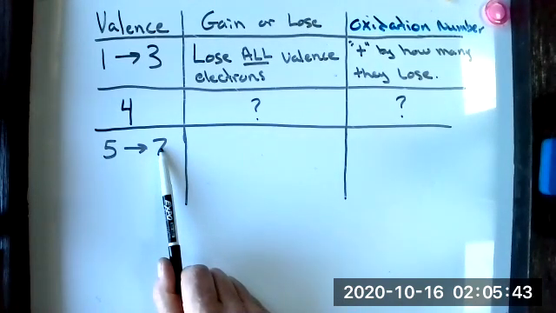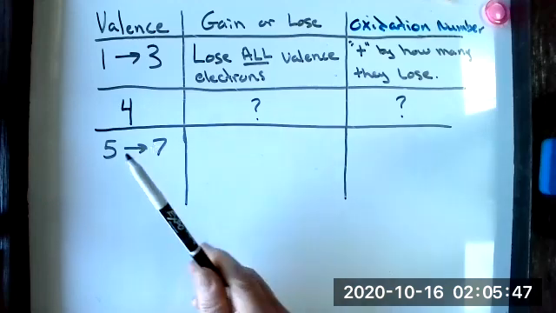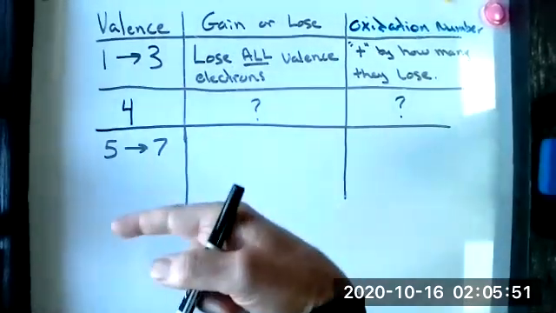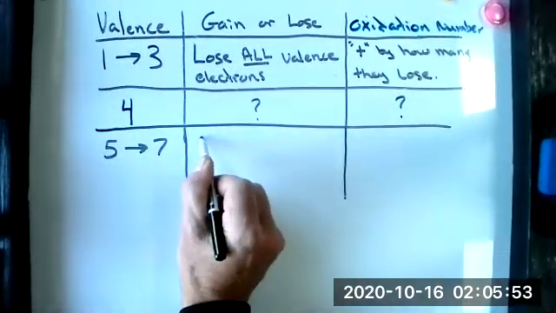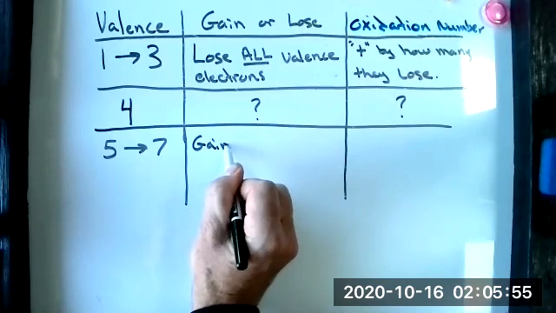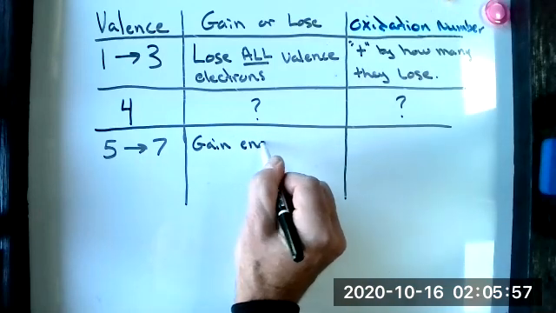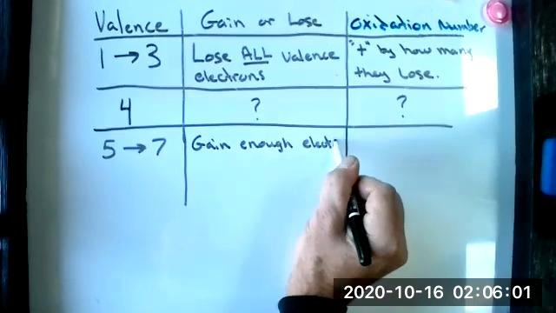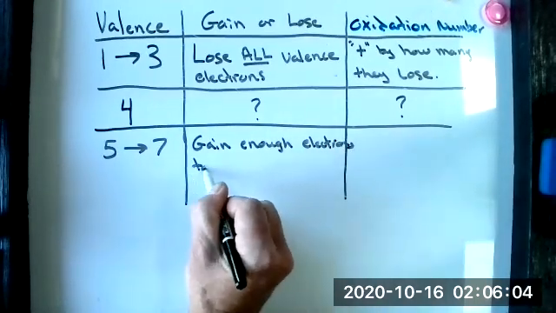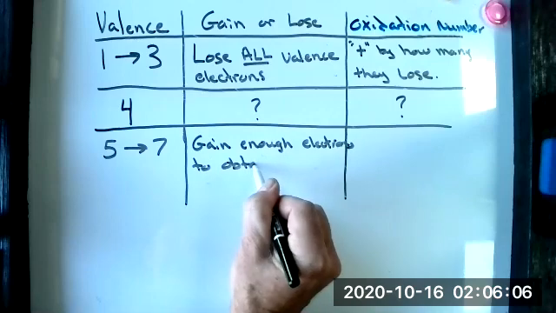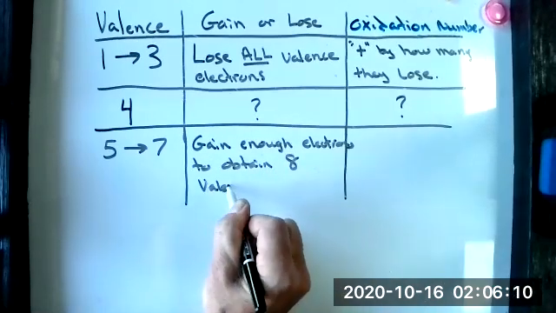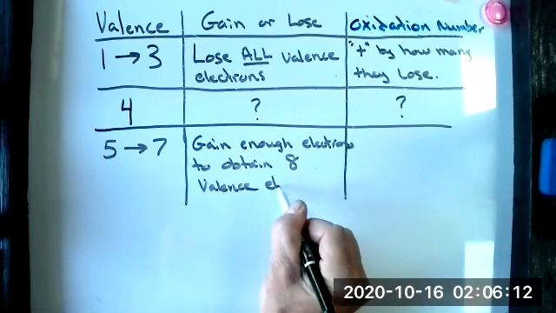So close to that so-called stable octet. Now it's the opposite. These guys don't lose. They gain enough electrons to obtain 8 valence electrons.